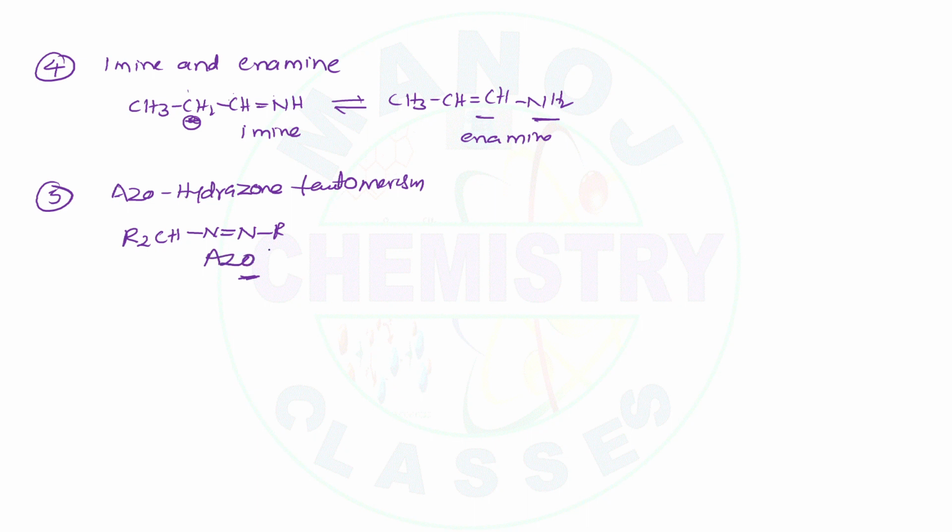N double bond N is called azo group. This one will be formed into hydrazo. In that azo, one hydrogen will be added from here to here. So 1, 2, 3, a 1,3 migration. So this one is hydrazo.